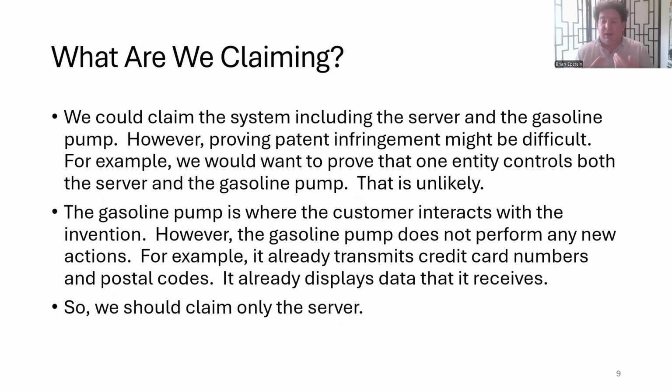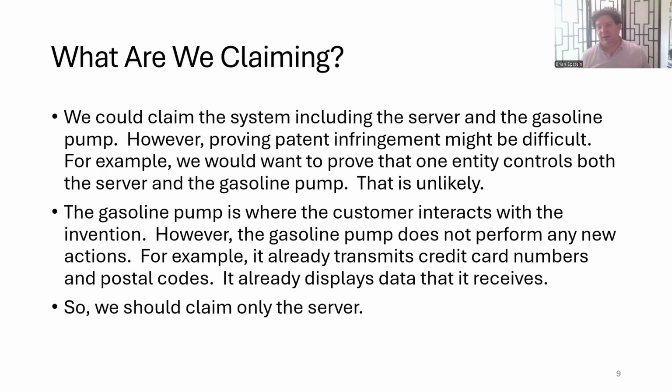So in order to write a claim, we have to know what we're claiming, right? So what are we claiming? Well, we could claim the system, including the server and the gasoline pump. But then proving patent infringement might be difficult. For example, we would want to prove that one entity controls both the server and the gasoline pump.